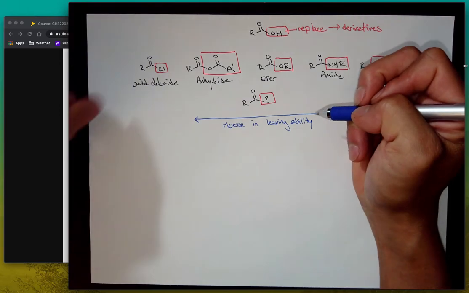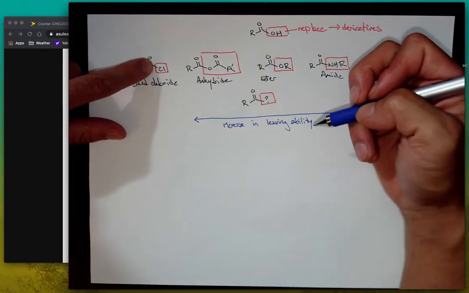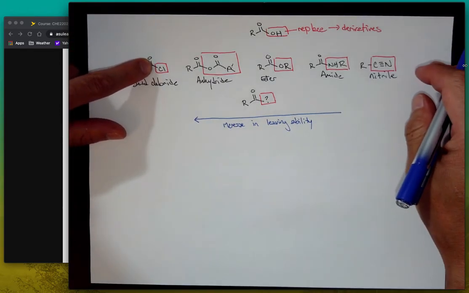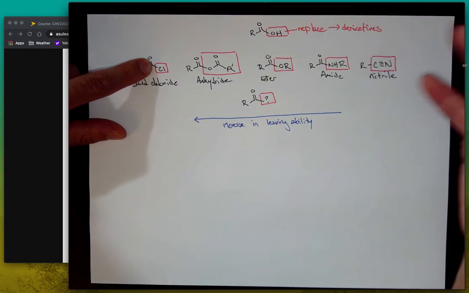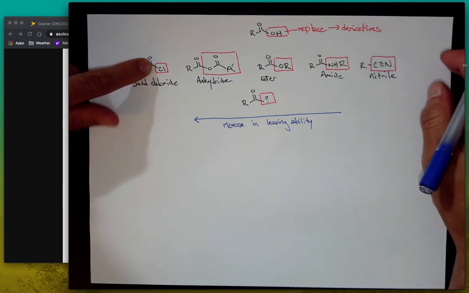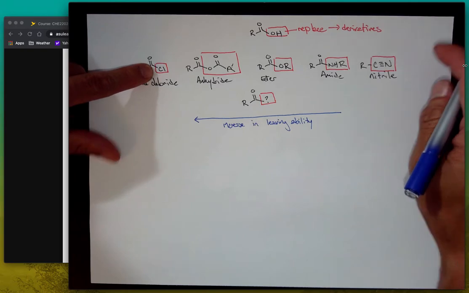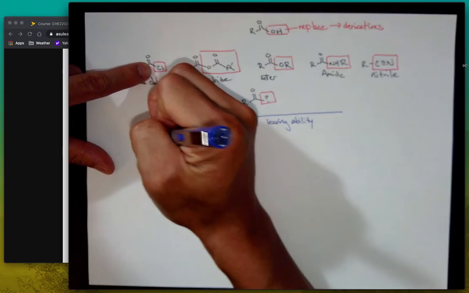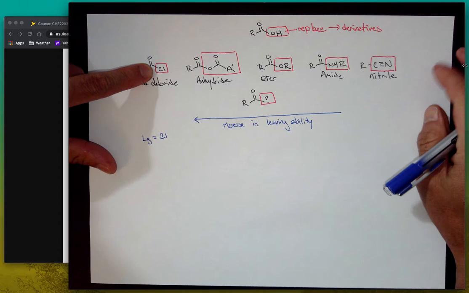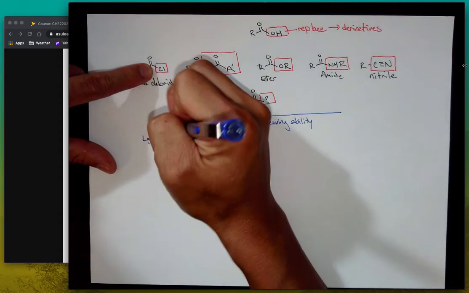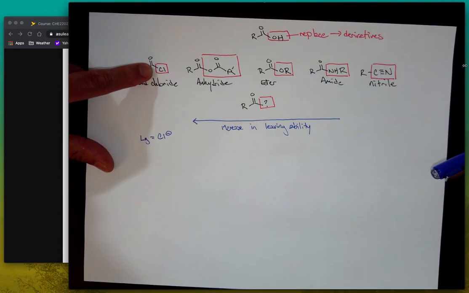Check this out. If we were to react this species to make one of these other species right here, we would displace a chlorine atom as Cl minus. That's a pretty good leaving group.